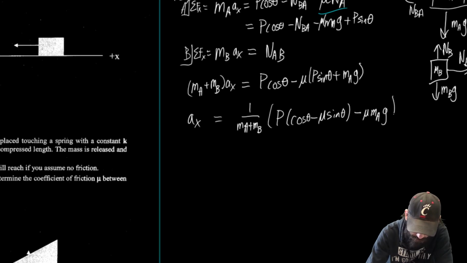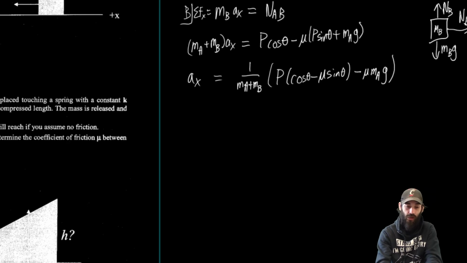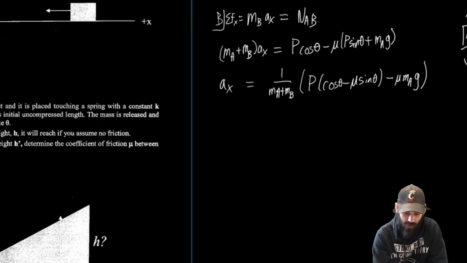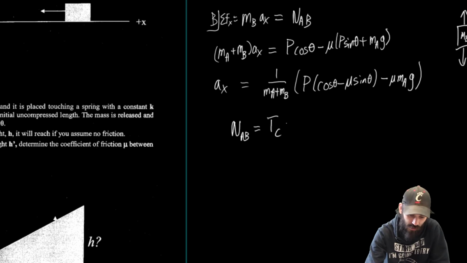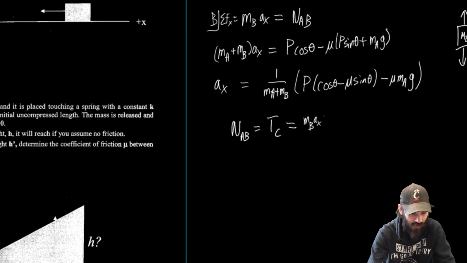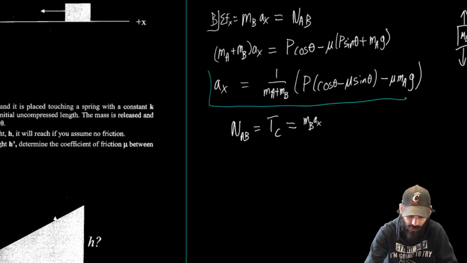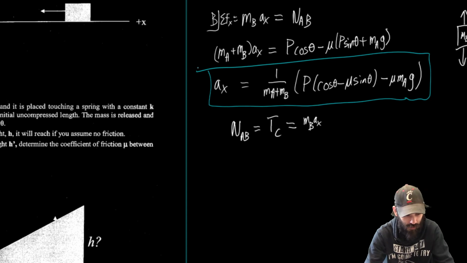mA g. Okay. Now we can take this and evaluate again for NAB. So we're going to say that NAB is going to be equal to that critical value that we had before, T sub C, which is also equal to mB times Ax. We have what Ax is now, so we just evaluate it for that.